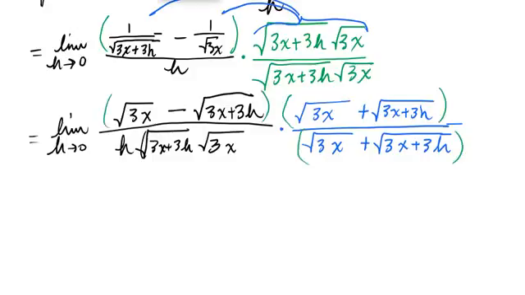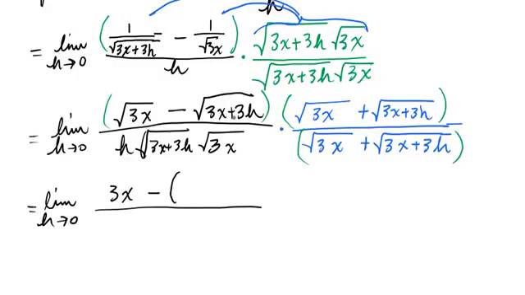So in the numerator, we need to FOIL. So root 3x times root 3x becomes plain 3x. And then we have root 3x times that radical minus root 3x times the same radical. So the outside and inside terms cancel when we FOIL. And then we have minus root 3x plus 3h times root 3x plus 3h. So the radicals go away with minus 3x plus 3h.